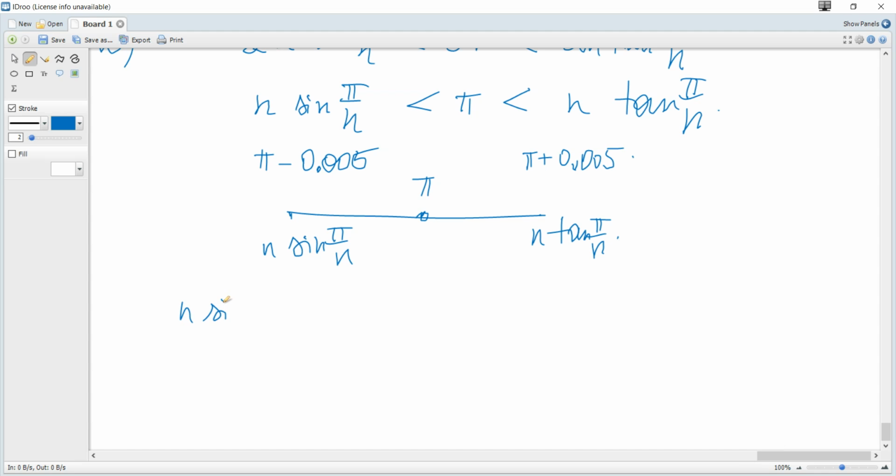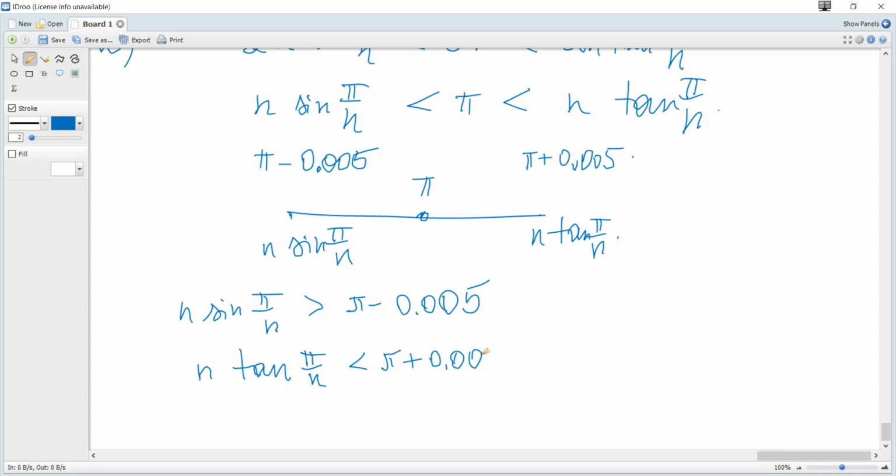n sine of pi over n should be greater than pi minus 0.005, and n tangent of pi over n should be less than pi plus 0.005.